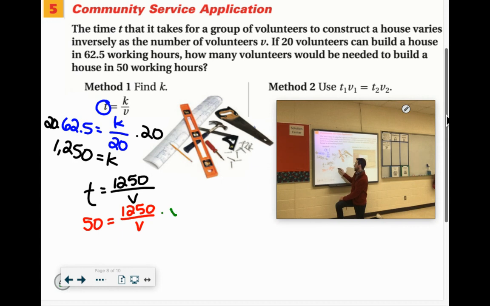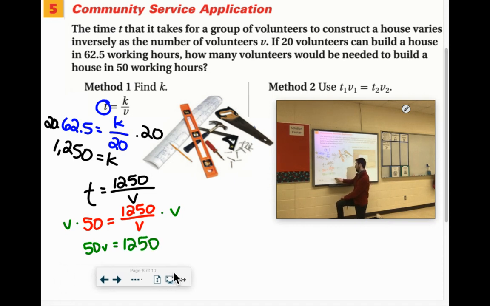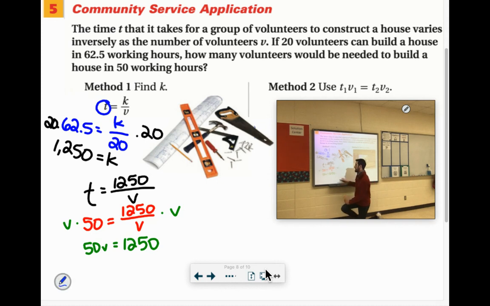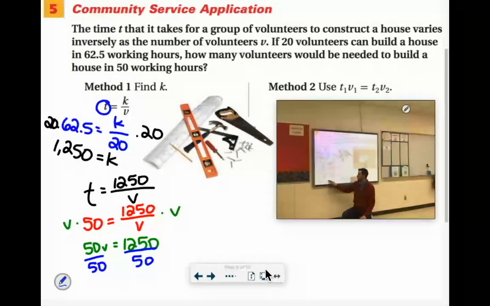So we can multiply by v on both sides, which would give us 50v equals 1,250. Go ahead and divide both sides by 50, and we get 25 volunteers.